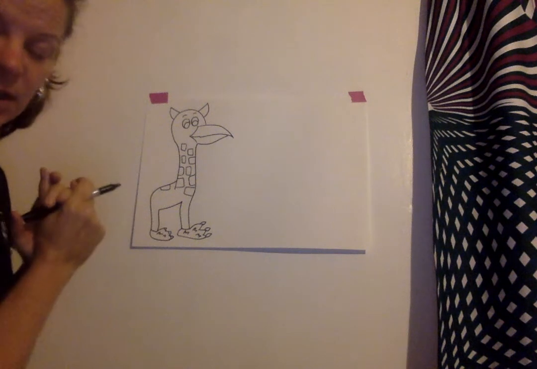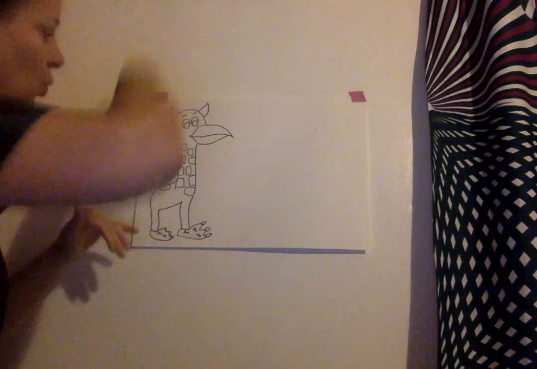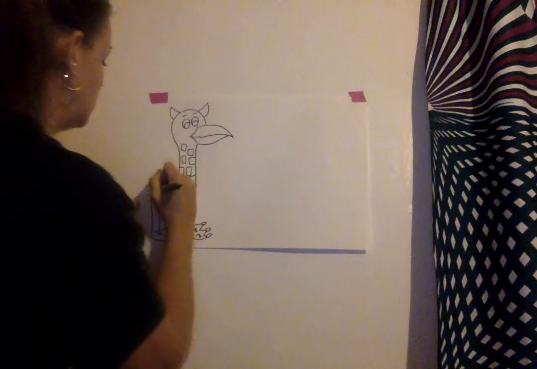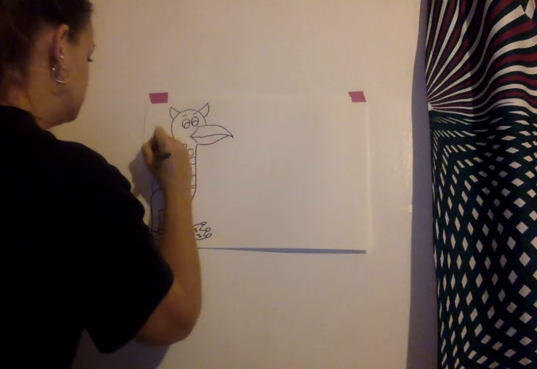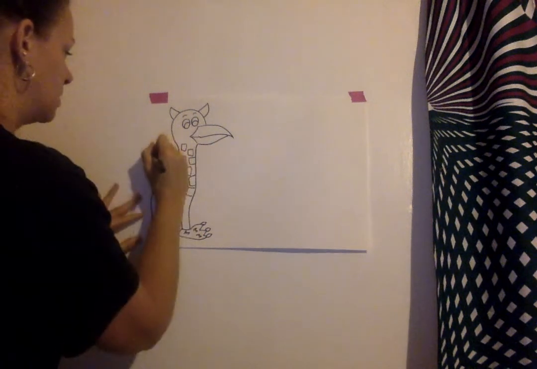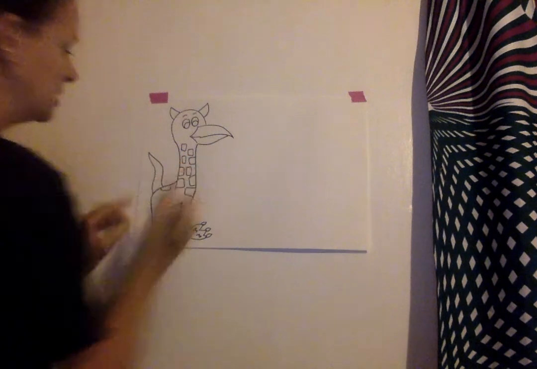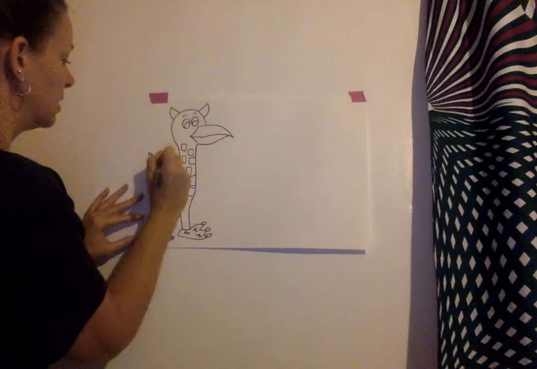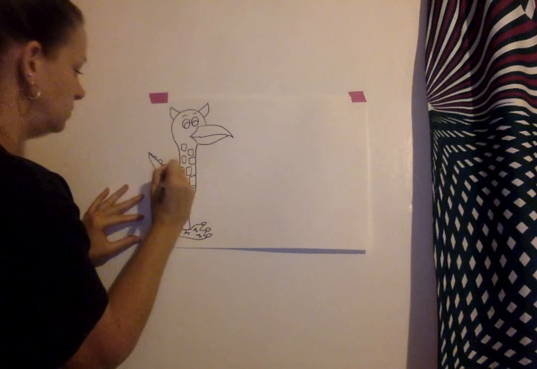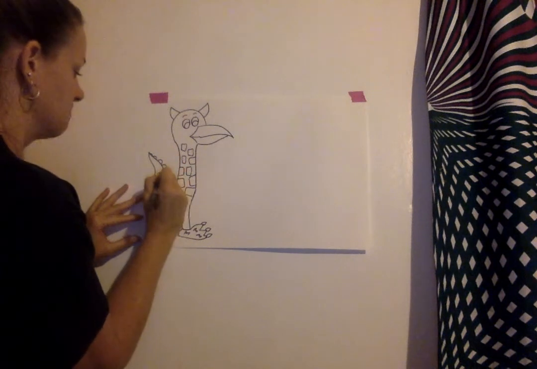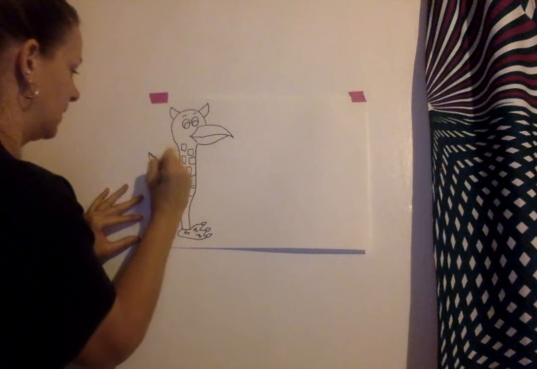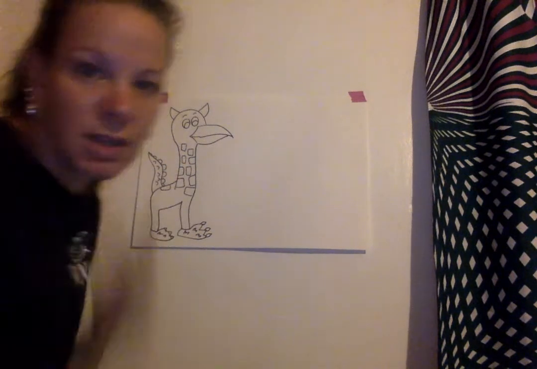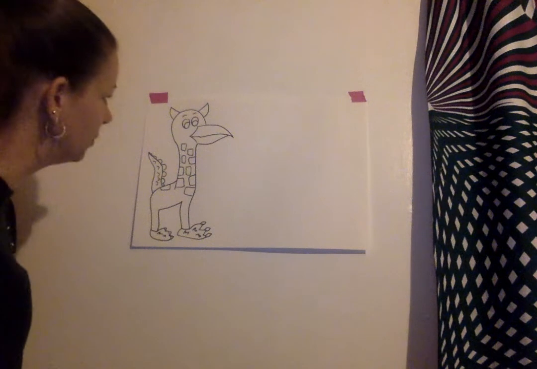I'm going to make it like a wiggly crocodile tail. So let's see if I can do that. So it's gonna go up, come back down, and I think it needs some bumps to be like the crocodile tail. Okay, so there is one creature.